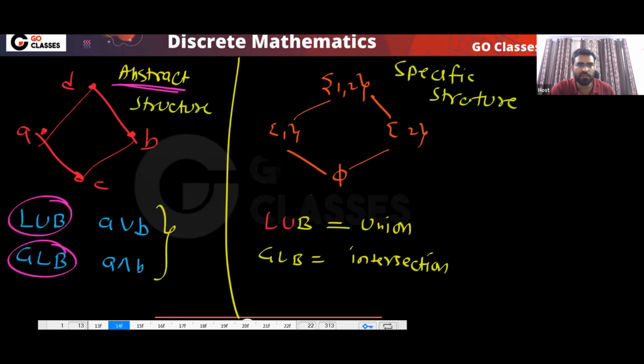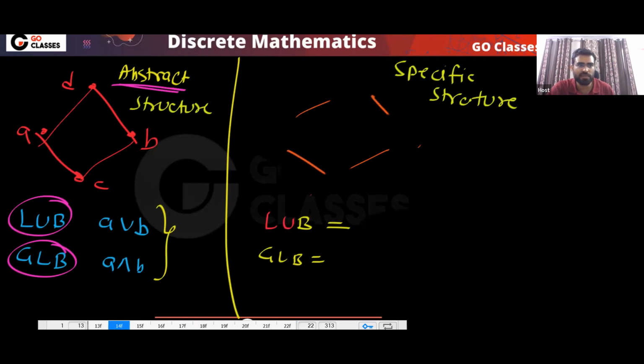Let me give you this propositional logic structure: false, a bar, and true. This is a specific structure from propositional logic. Now LUB will change its name. Can anyone tell me, in this structure, what is LUB?